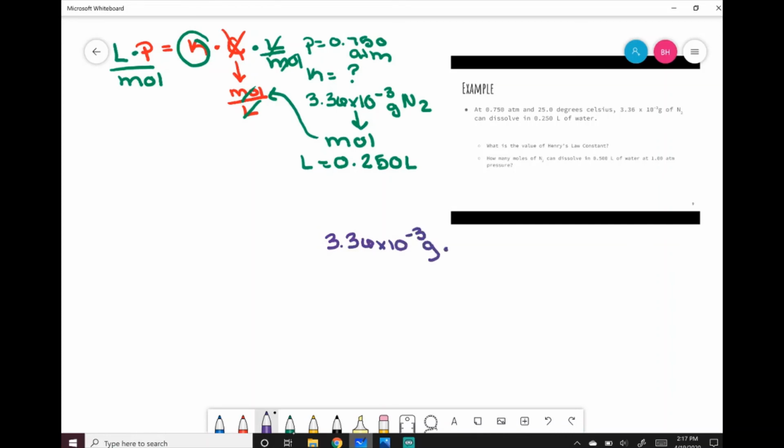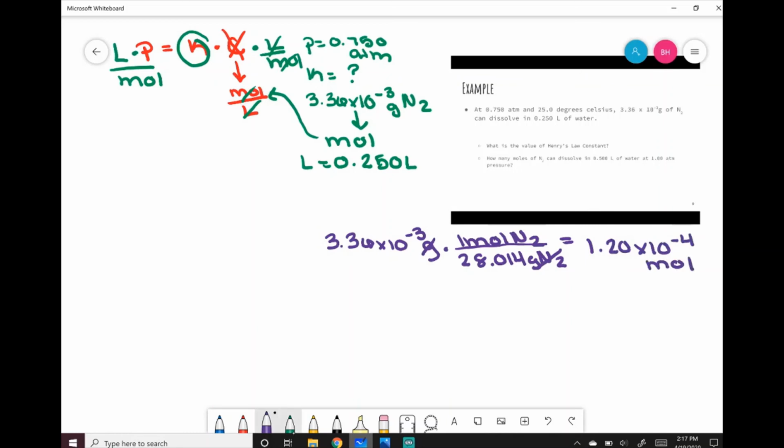I'm going to have my molar mass of nitrogen, which is 28.014 grams of nitrogen over 1 mole of nitrogen. Cancel out my grams, and what I end up getting for my moles is 1.20 times 10 to the negative 4th moles. So that's what I'm going to be able to plug in over here.